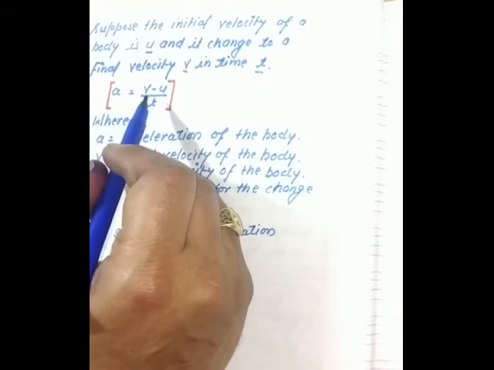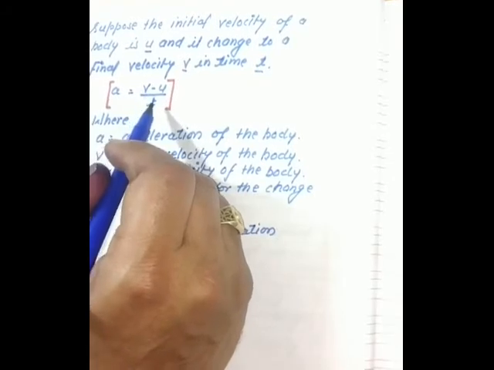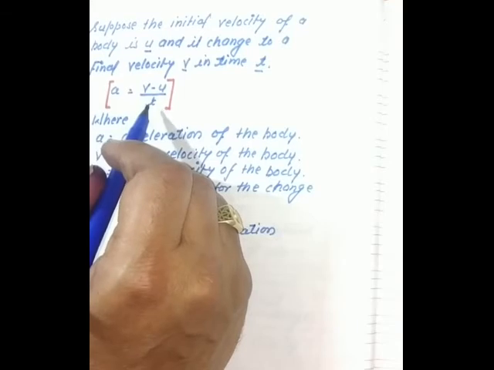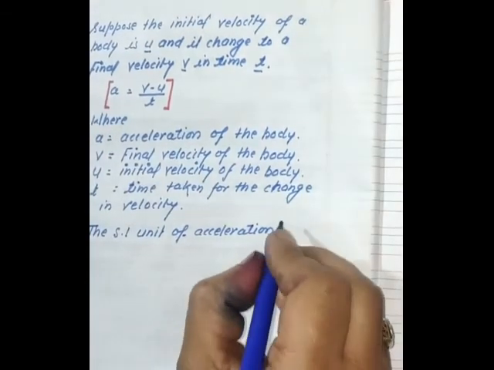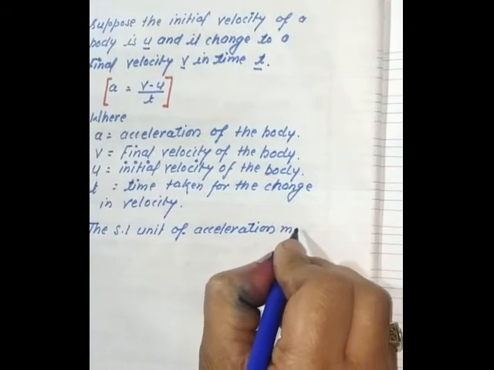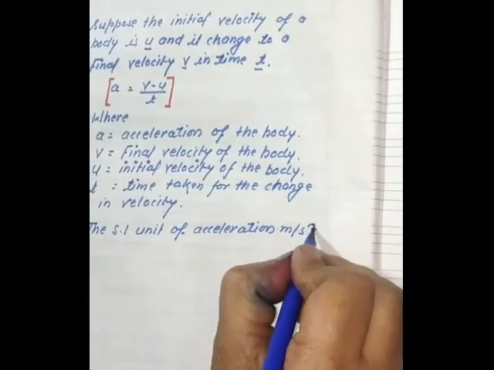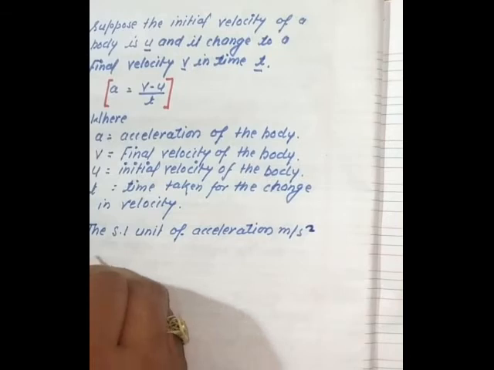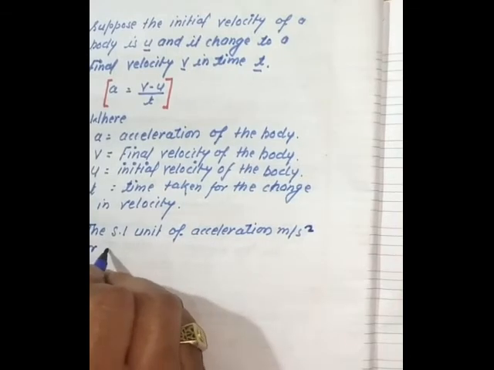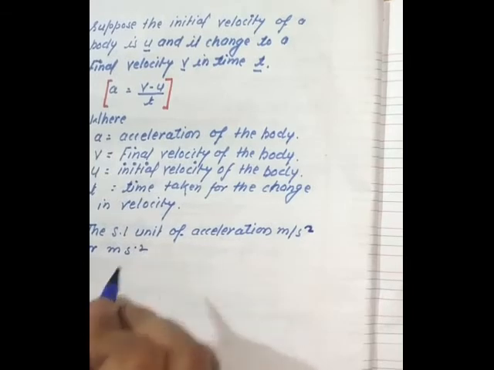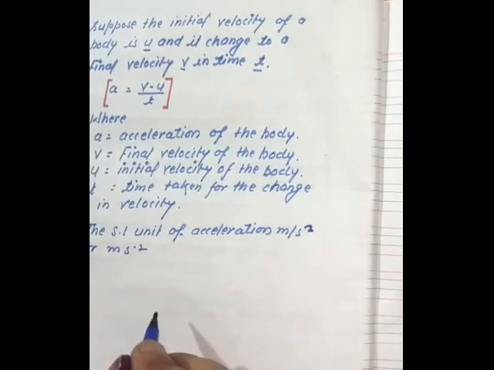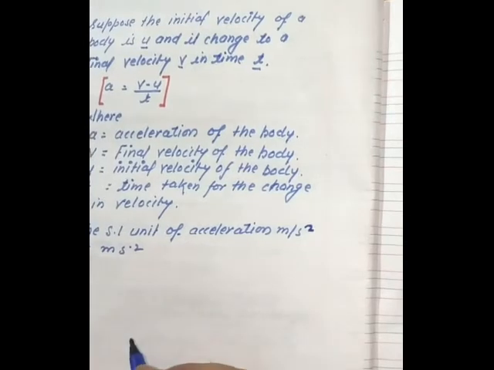So velocity will equalize to meter per second, divided by time in second. So it becomes meter per second square. If they have given us the speed in kilometer, then it becomes kilometer per hour square.